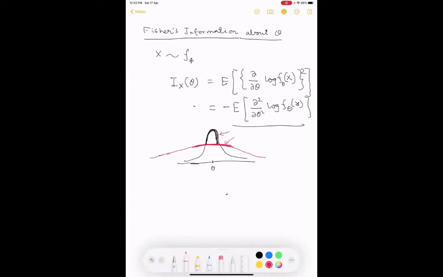That is what Fisher is trying to capture by means of information about theta. So that is the motivation of Fisher's information about theta.